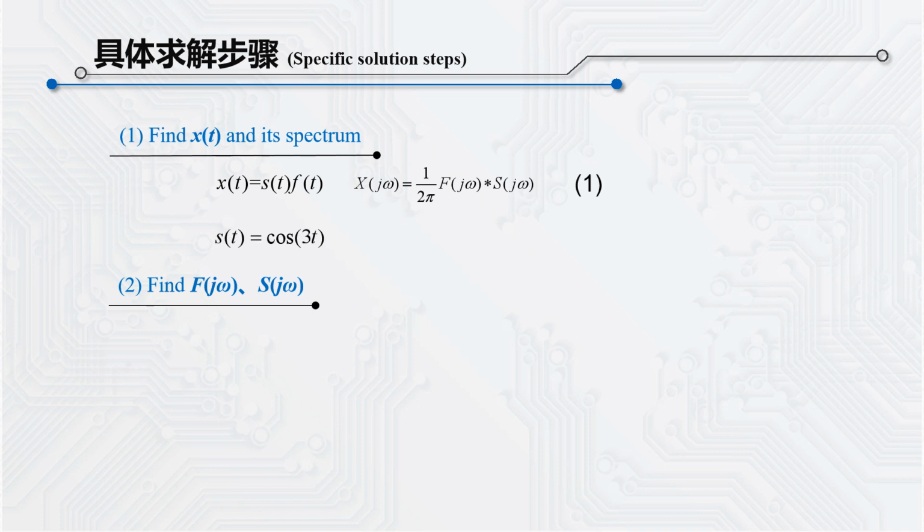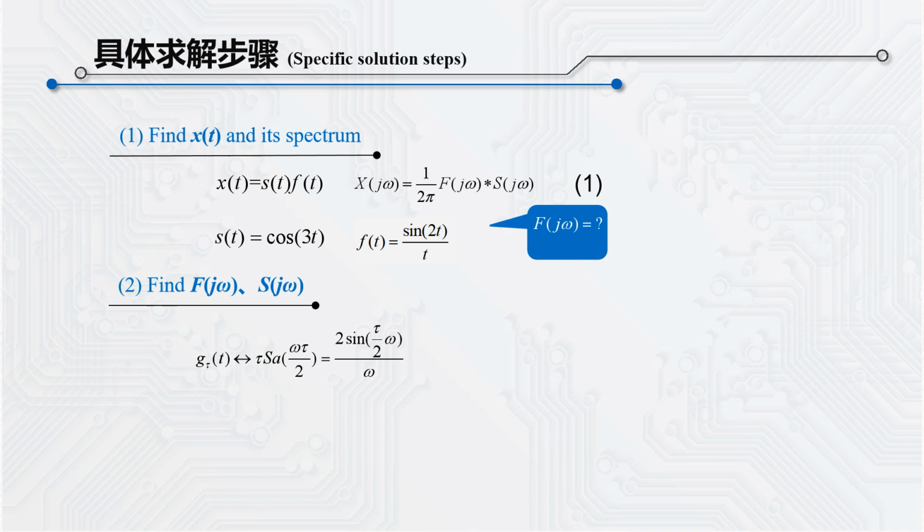Here, s(t) is equal to cosine 3t, and f(t) is equal to sine 2t over t. Therefore, if we want to find the spectrum of X(j omega), we must know the spectrum of cosine 3t and sine 2t over t. Let's review an expression.